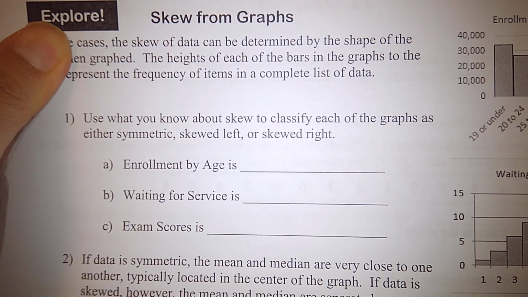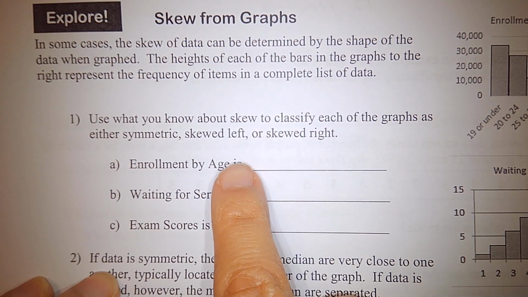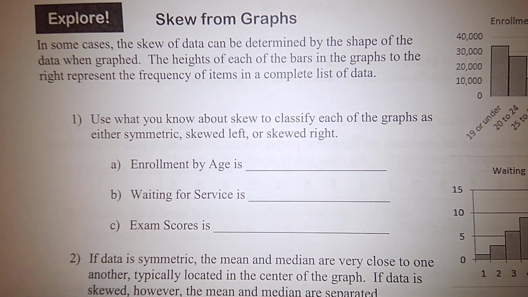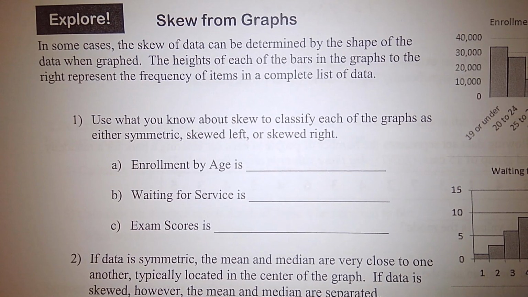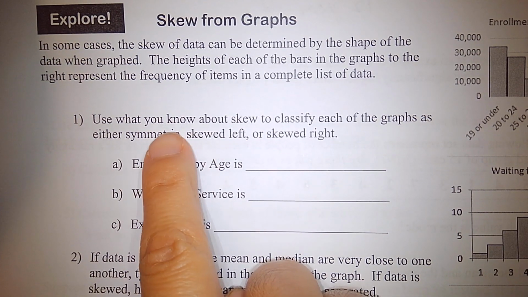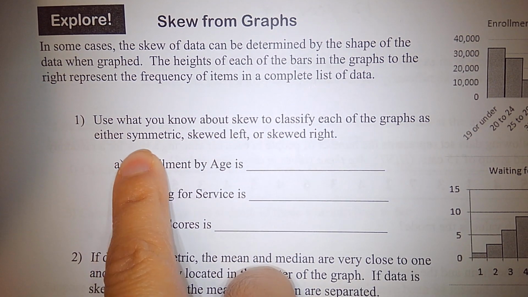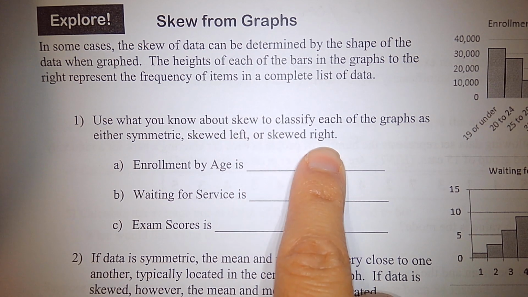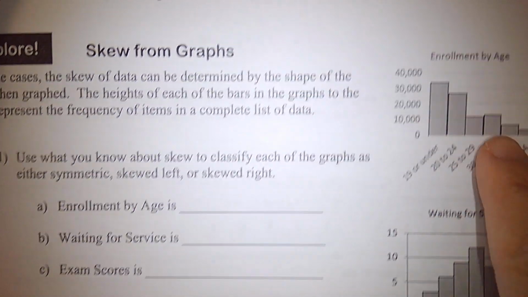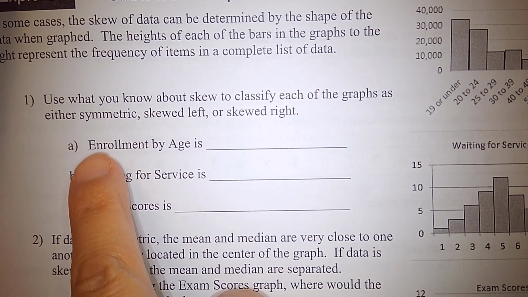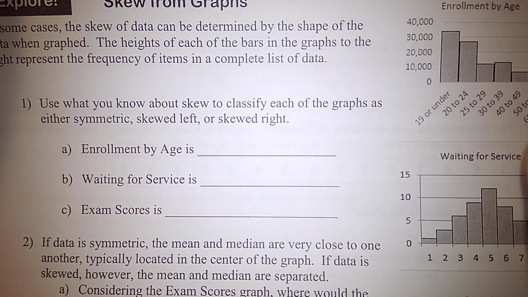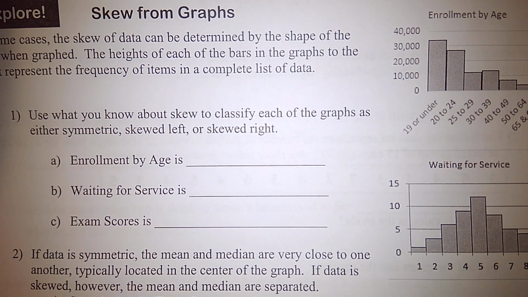Now let's answer these questions. Just now Damien had already read this question for us. Use what you know about skew to classify each of the graphs as either symmetrical, skew left or skew right. How about question A? This graph A, enrollment by age, skew left or skew right?